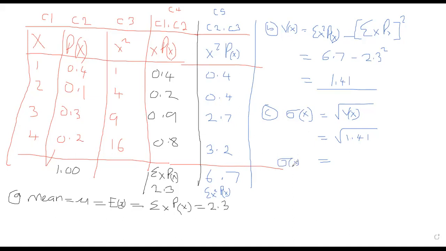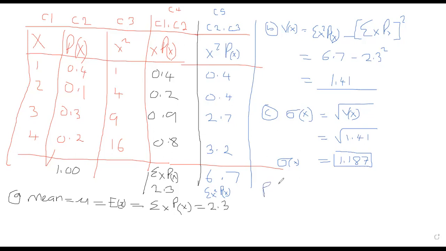So standard deviation will be 1.187. So this is how we find our standard deviation.